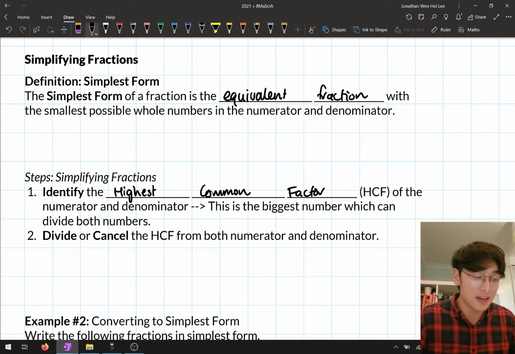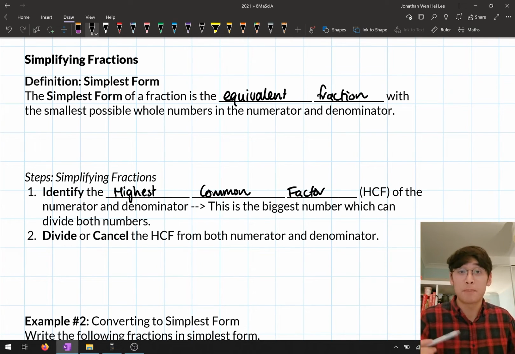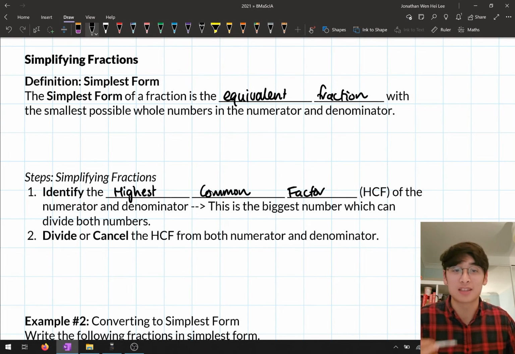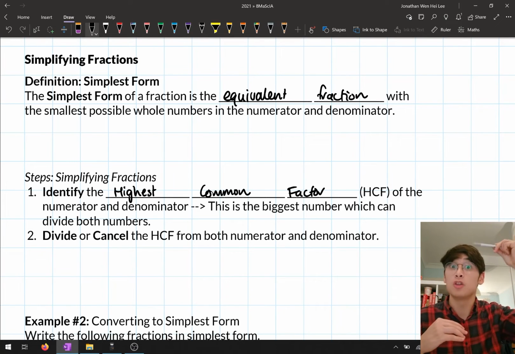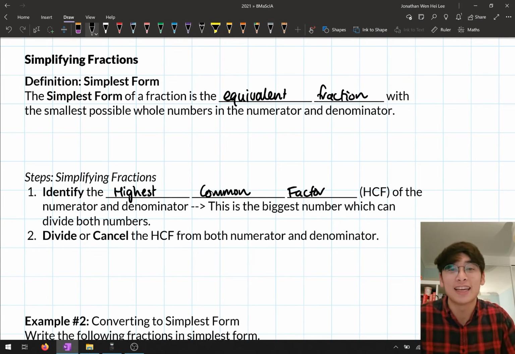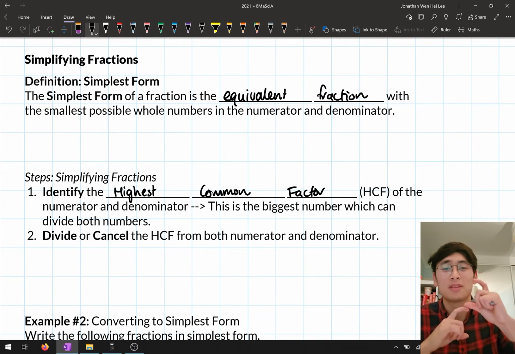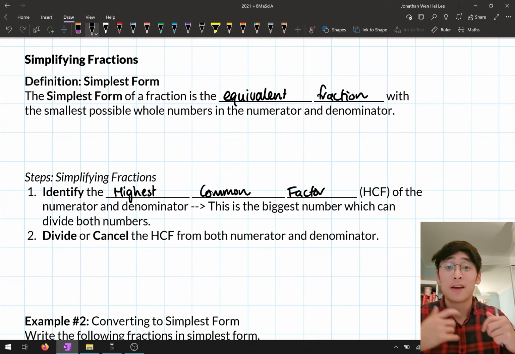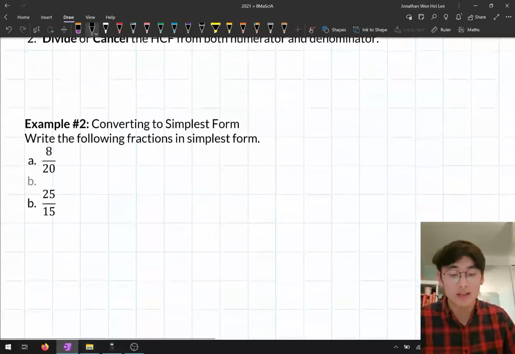So we want to find the biggest number that can divide both the numerator and the denominator, the biggest number that can divide both of the numbers at the same time. And then once we do that, we want to divide this HCF number from both the numerator and the denominator. So when we're simplifying fractions, it's similar to creating equivalent fractions, but we're dividing so we can go down to the smallest possible whole numbers available to us. So we're going to have a go at 2 examples of this.